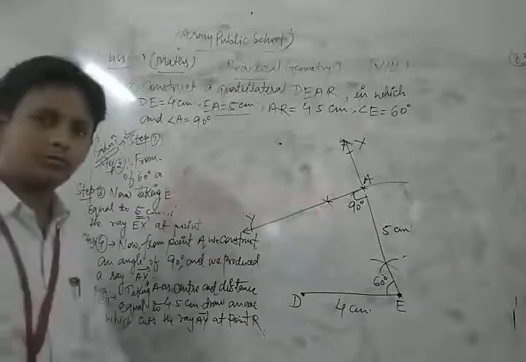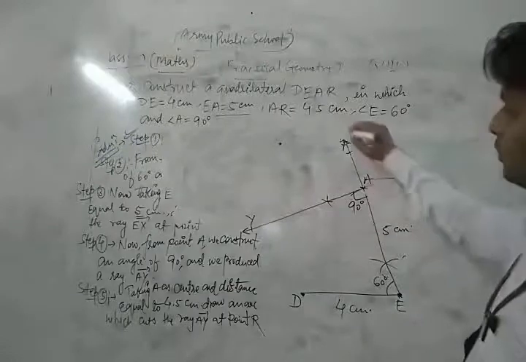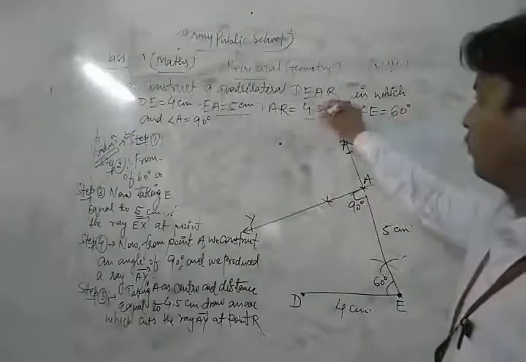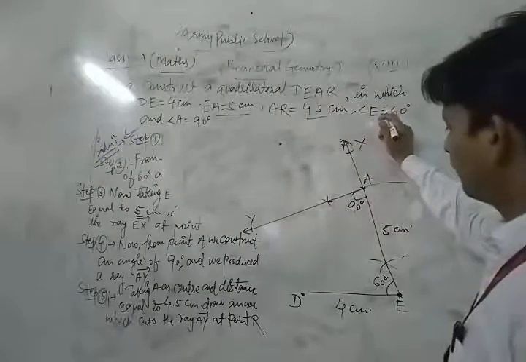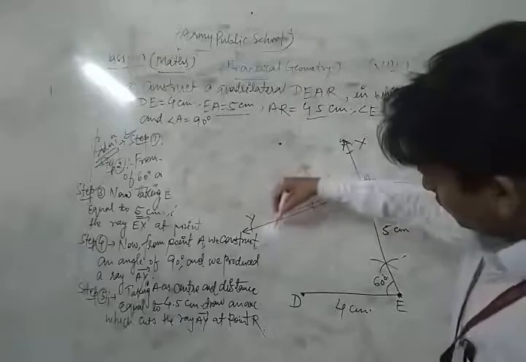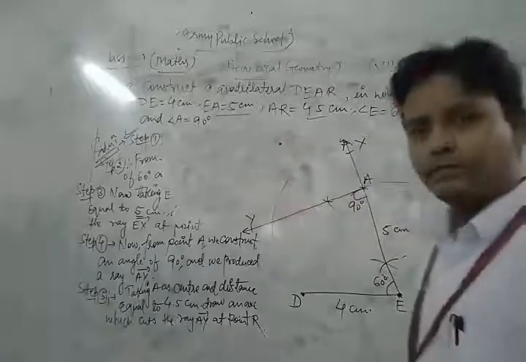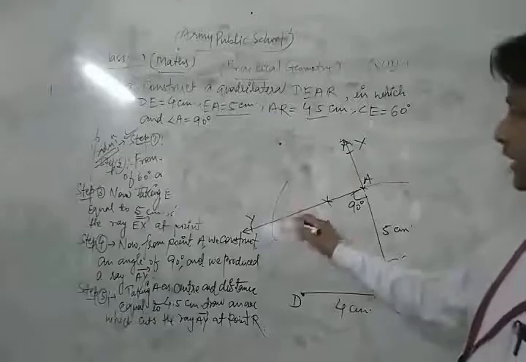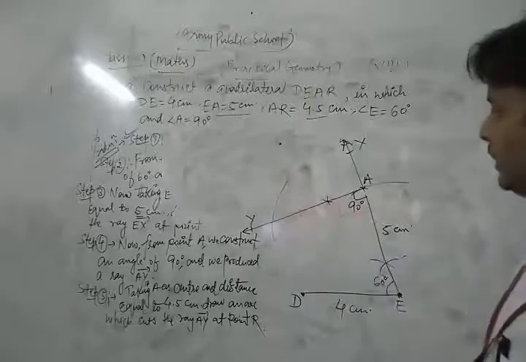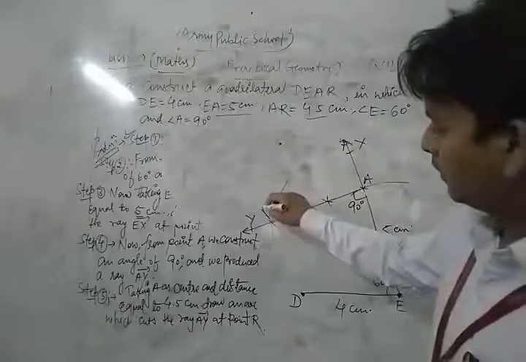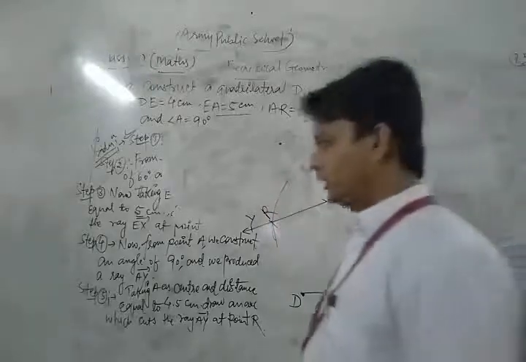Okay, so taking A as center and distance equal to 4.5 centimeter, we cut the ray AY at point R.